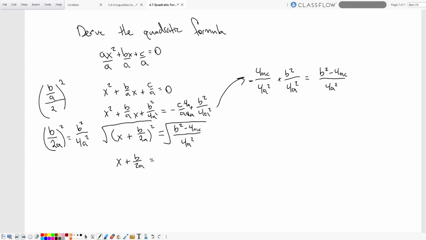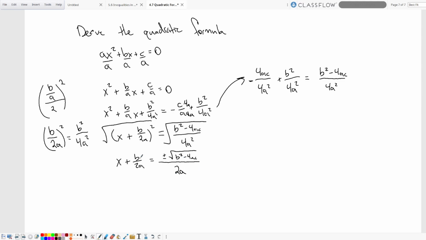On the right side, in the numerator, there's really nothing I can do because I can't take the square root of b squared minus 4ac, so it becomes plus or minus, because I have a positive and negative, b squared minus 4 times a times c. In the denominator, though, 4 is a perfect square, a squared is a perfect square, so you can take the square root of this, and that gives you 2a.